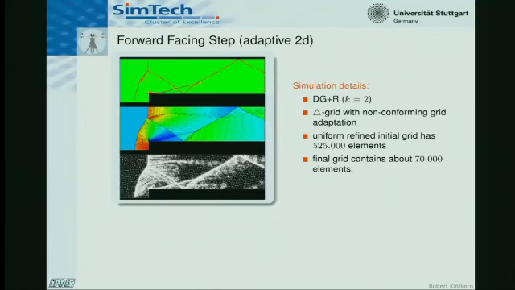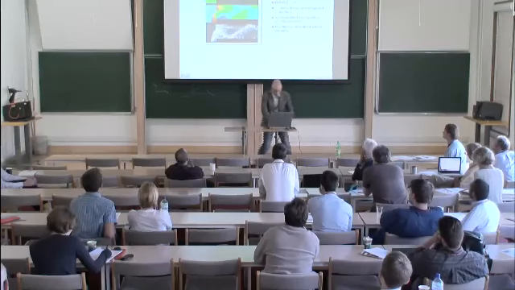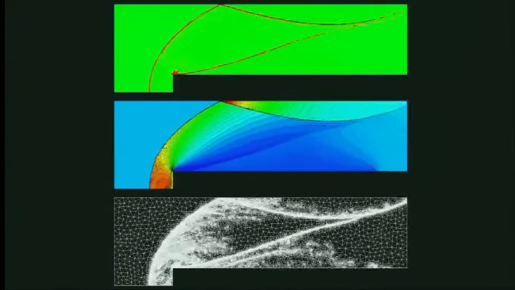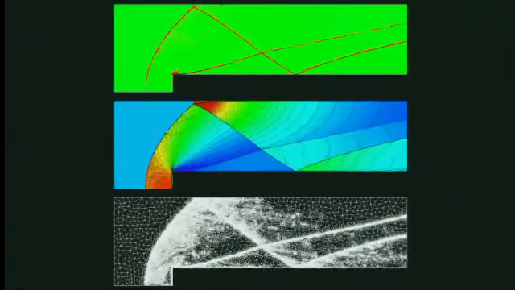Red means the limiting has been applied and the scheme is at most linear. So you can see that in most of the regions you can really use the original DG scheme, and stabilization is only applied in the strong shock regions.